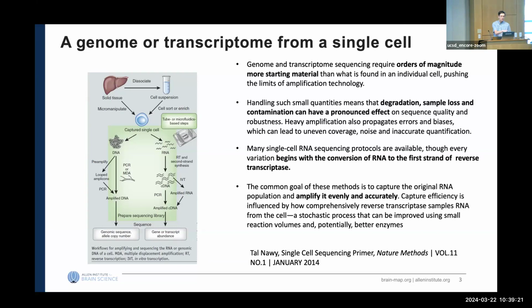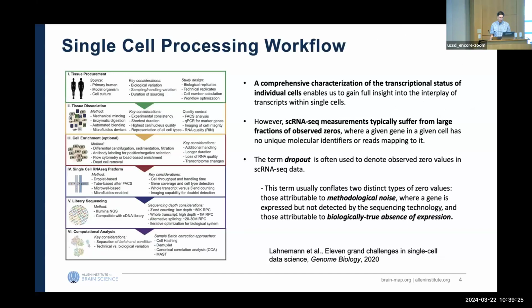But there's a lot we talked about yesterday, what has to happen to profile this. We're not going to repeat those details, but in the slides here, you'll see the steps often involved in profiling data from a single cell. There are big problems with it, right? These measurements typically suffer from sparsity, a large fraction of dropouts.